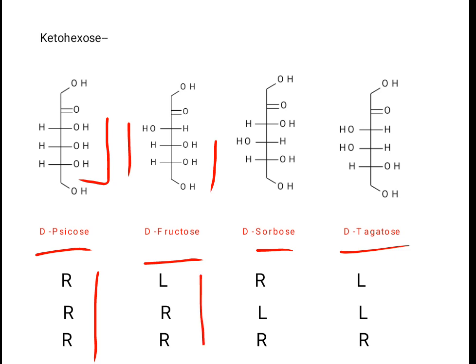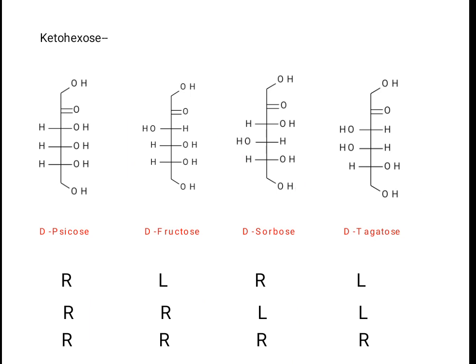That's why LRR. In sorbose, the first one is on the right, the next one is on the left, and the third one is on the right. So RLR. And in tagatose, the first 2 are on the left and the next one is on the right. So LLR.